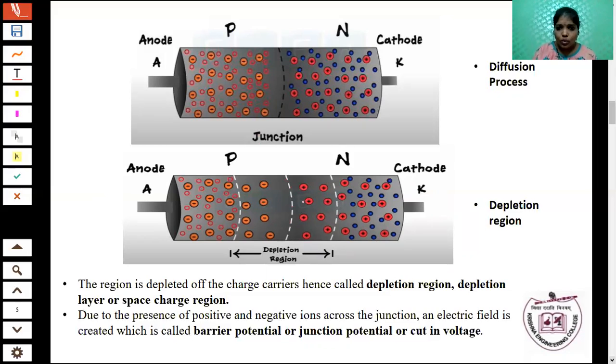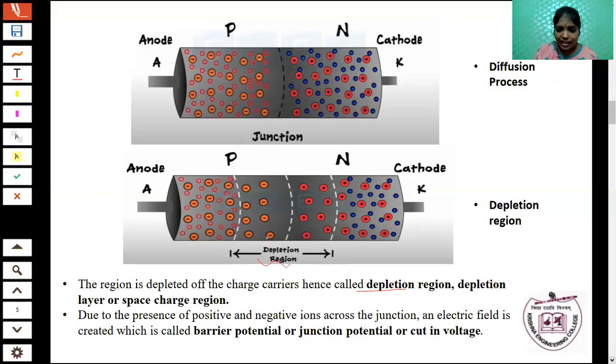So these two immobile ions act as a barrier. What is the meaning of barrier? A barrier is just like a wall. It does not allow the electron in the N side to cross the junction and move towards the P-type. So what is the meaning of depletion region?